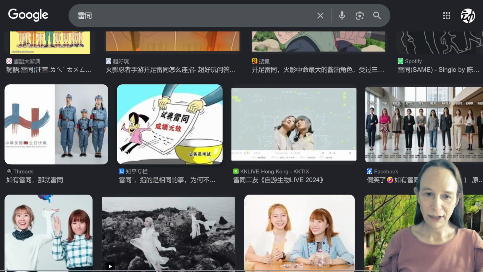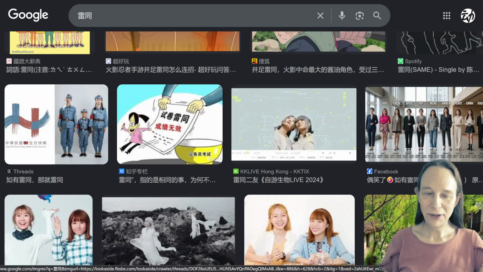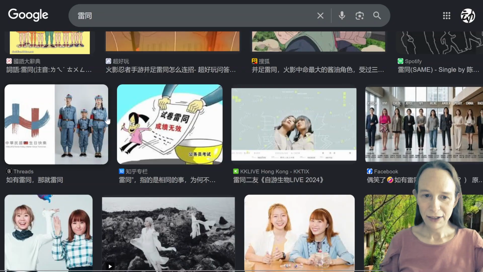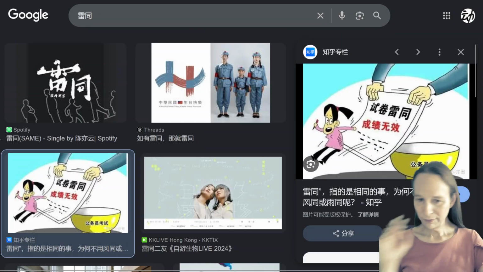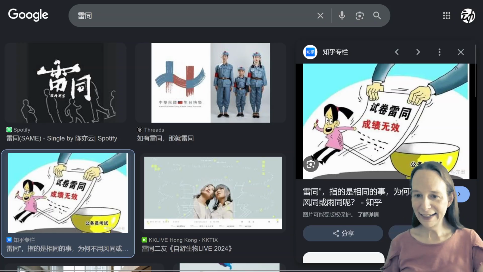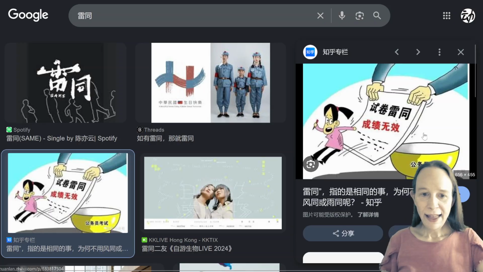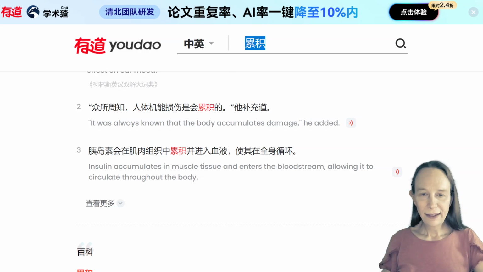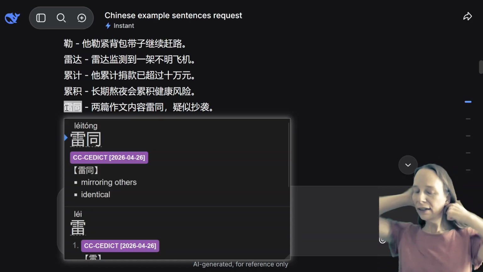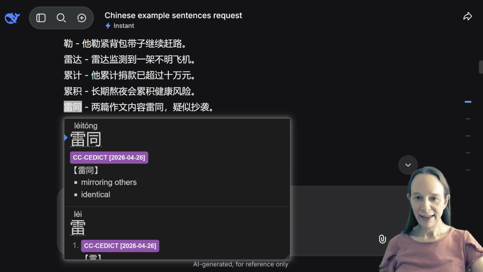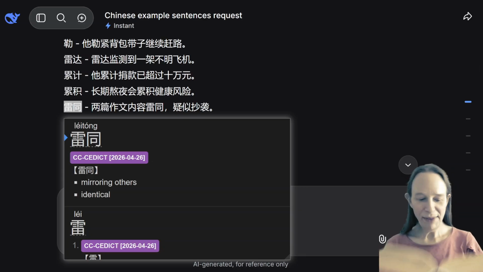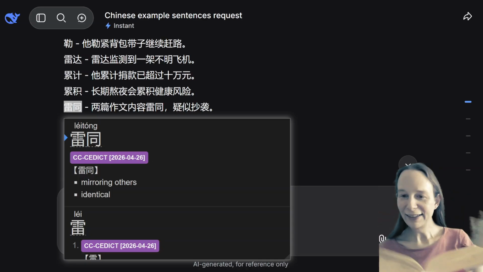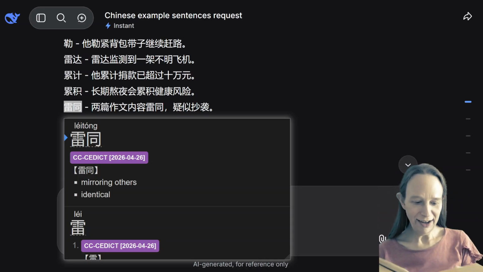试卷雷同. Okay, so 试卷 is an exam script. 成绩无效. All right, so this sounds like academic fraud. Yeah. So the dictionary for 雷同 explains it a little bit better. Okay, so it's a verb meaning identical. 就说打雷时许多东西都同时响应.